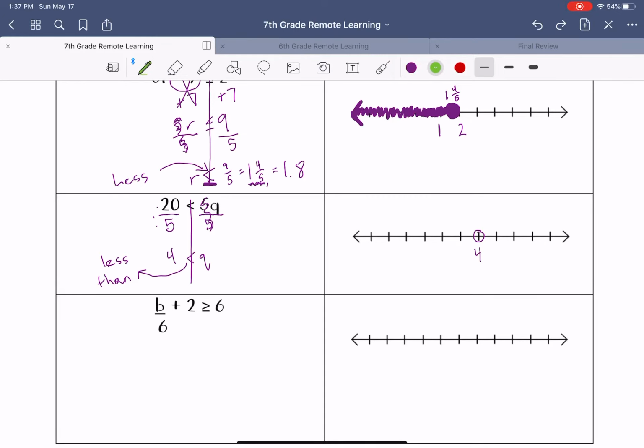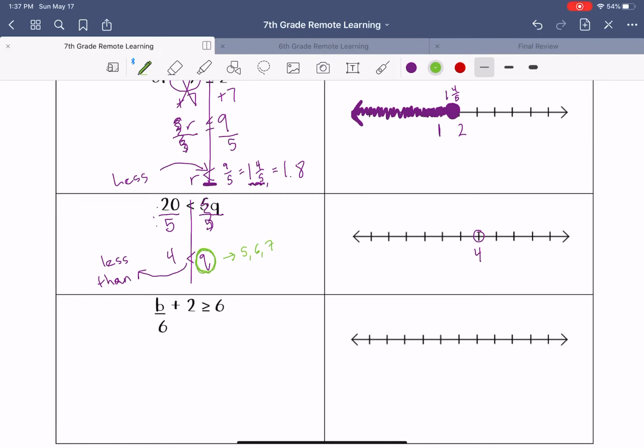And what we want is we want to be shading all of the solutions of q. What are the possible numbers q could be? Well, if 4 is less than q, that means q could be 5, it could be 6, it could be 7. Because 4 is less than 5, 4 is less than 6, 4 is less than 7, and so on.